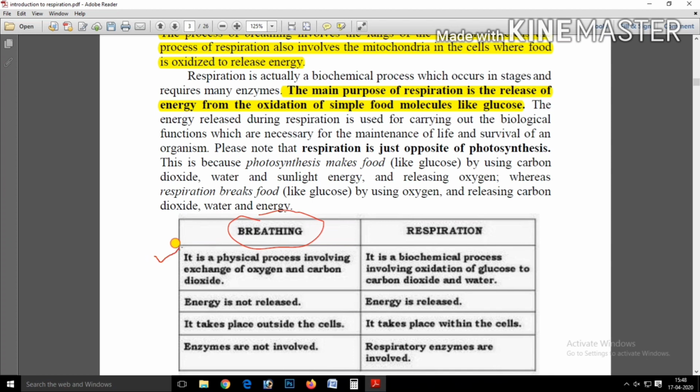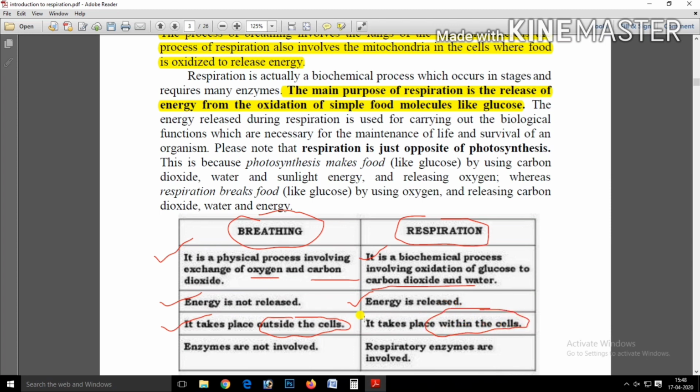Now let's see a quick difference between breathing and respiration. Breathing is a physical process of exchange of oxygen and carbon dioxide, whereas respiration is a biochemical process involving oxidation of the food. Now energy is not released in breathing, whereas energy is released in the respiration process. Breathing takes place outside the cell, and we know respiration takes place inside the cell.